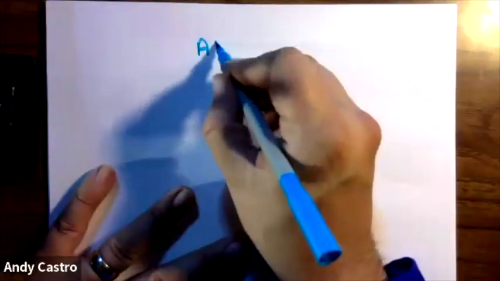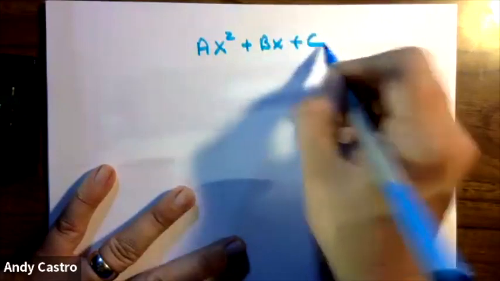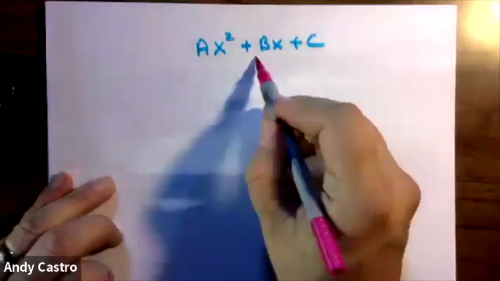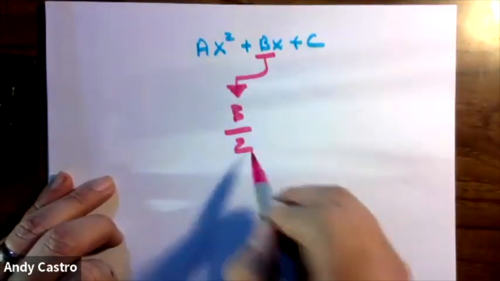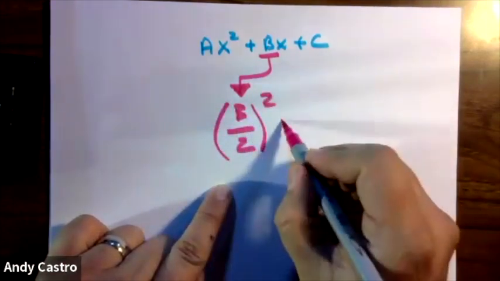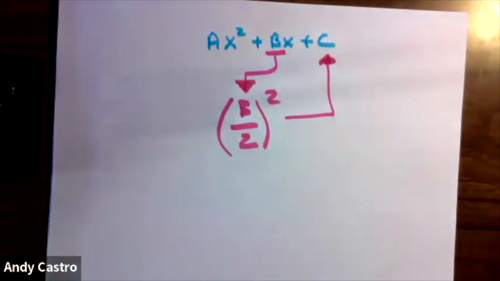When we complete the square, we're going to take our quadratic, take our middle term b, divide it by 2, and then square it, and that gives us the c. If I do that, then I'll have a perfect square.